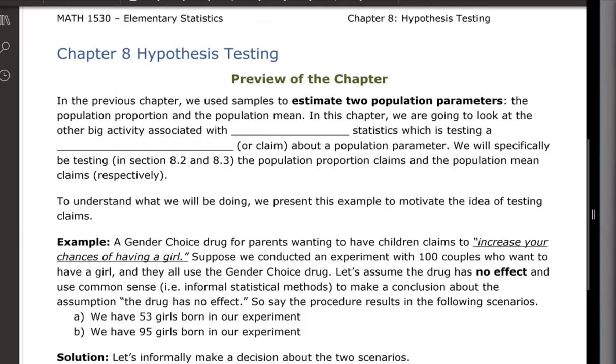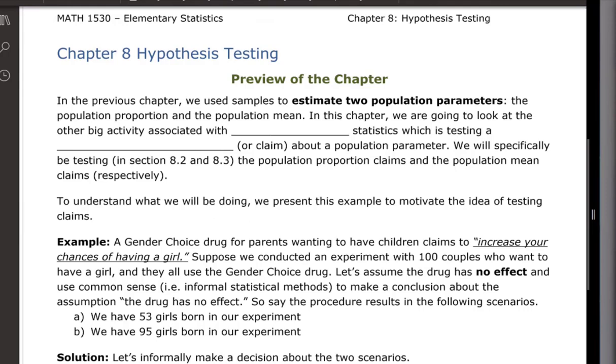Okay, in chapter 8, we're actually going to be looking at hypothesis testing. And if you remember, this is one of two activities we're going to be looking at that relate to inferential statistics. One we did in chapter 7, where we talked about estimating population parameters. So we tried to estimate the population proportion.